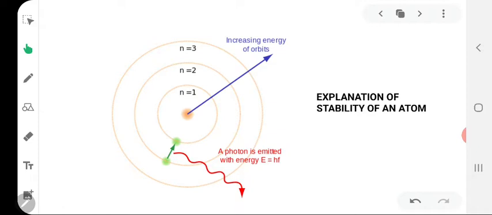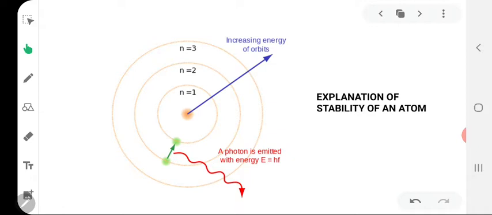He said that while revolving around the nucleus, the electrons are always in stationary states, and while revolving in these stationary states, they are not gaining or losing energy. Now, as you have seen that electrons distributed in different energy shells are revolving around the nucleus, being charged particles, these are expected to lose or radiate energy.